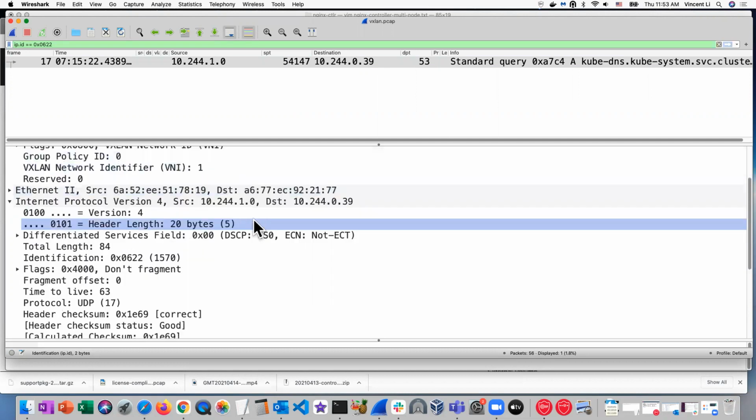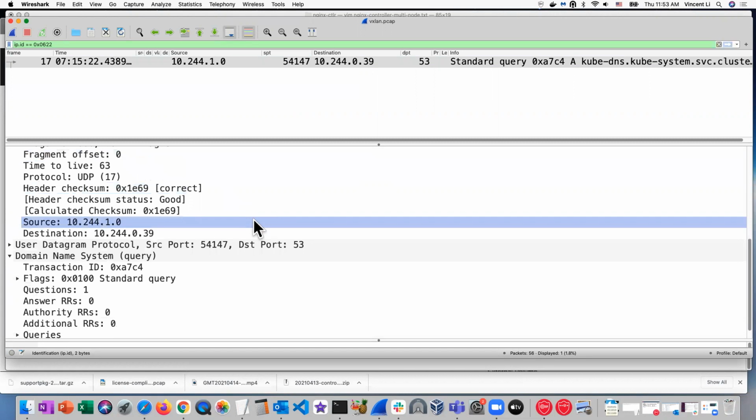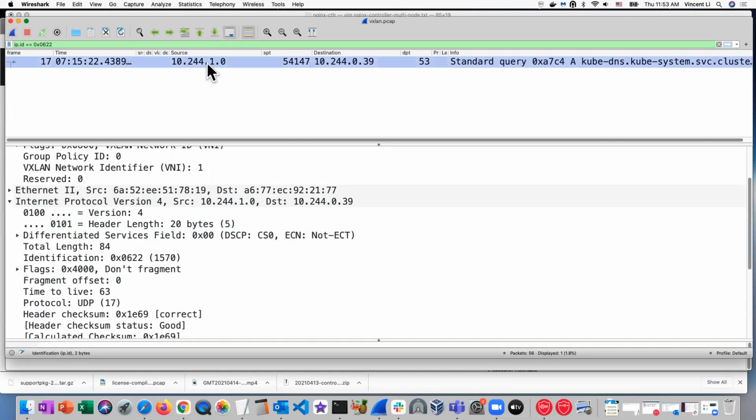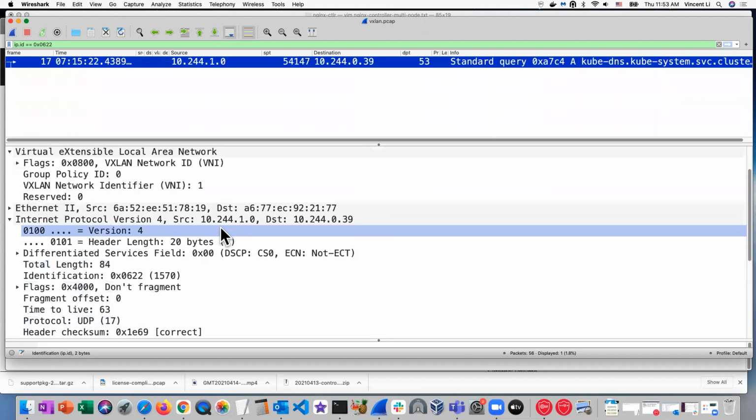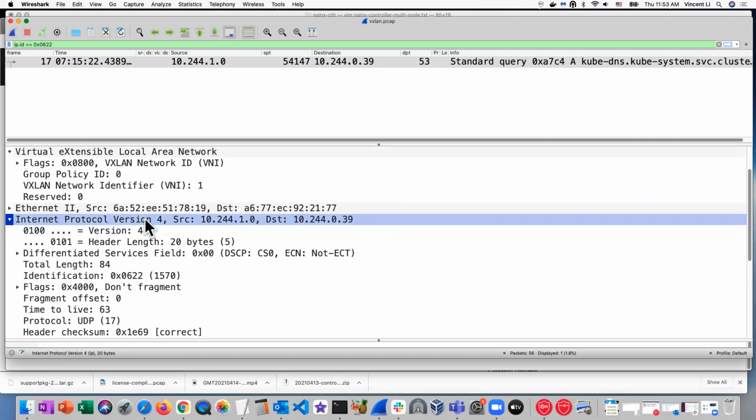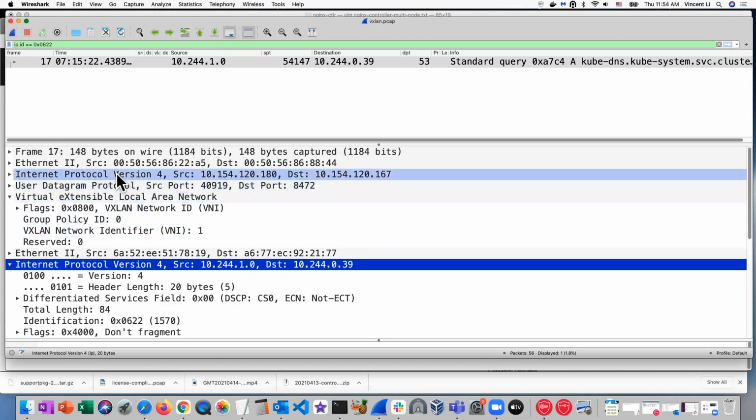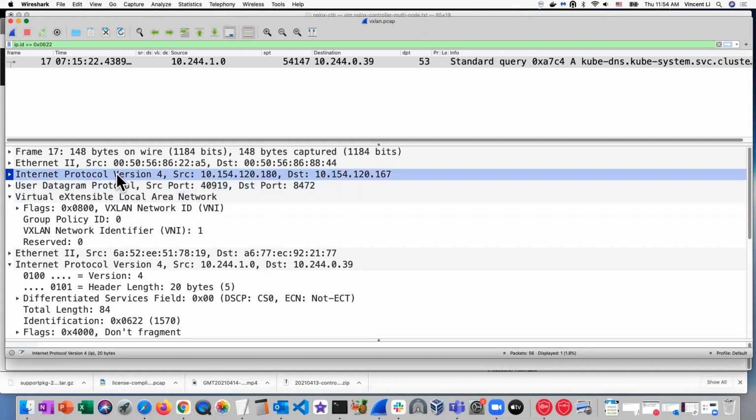Right. So pay attention. See in the encapsulated packet. So this is the inner packet that is encapsulated. This is the outer packet IP header with the physical interface IP address.